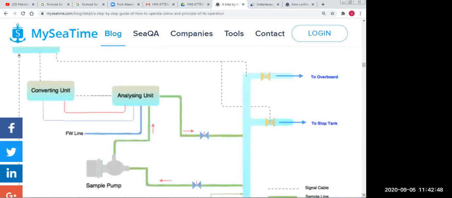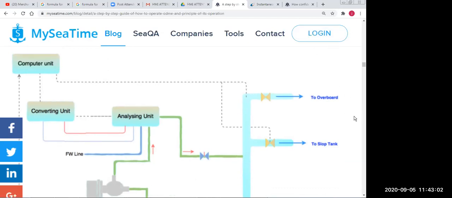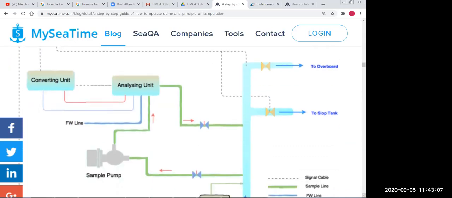And then we have a converting unit which converts the oil ppm into that instantaneous rate of discharge, 30 liters per nautical mile, as per the formula, and it gives the feed to your computing unit that it is within 30 liters per nautical mile or not.